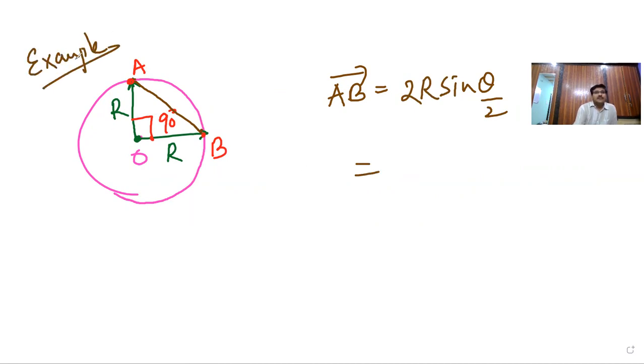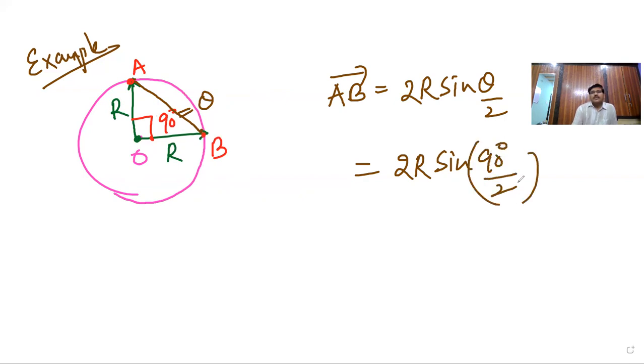So, a simple case: circle is given, radius R, theta is 90 degrees, a quarter circle. In the quarter circle, AB bar displacement is 2r sine of the angle in between them. OA is one position vector, the initial position vector. OB bar is another position vector, the final position vector. Angle between them, theta, is how much? 90 degrees. So 90 by 2 means 45. So 2r sine 45 degrees.